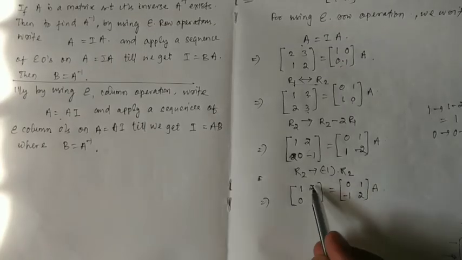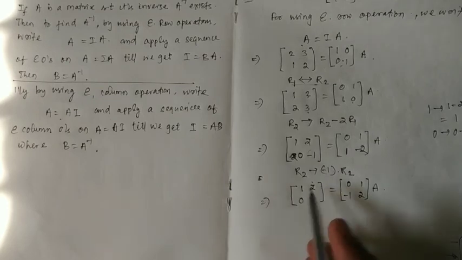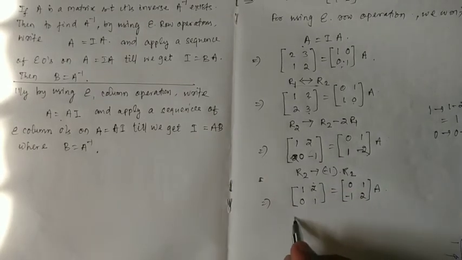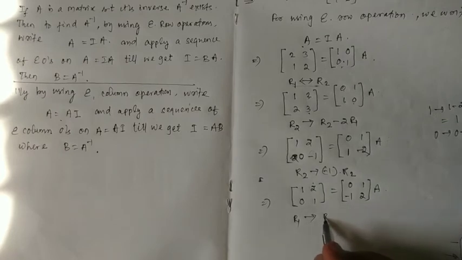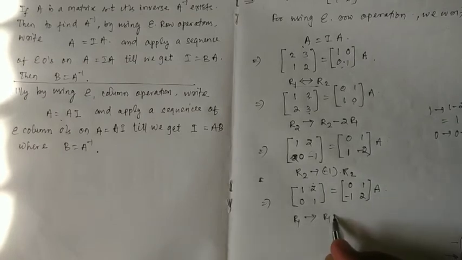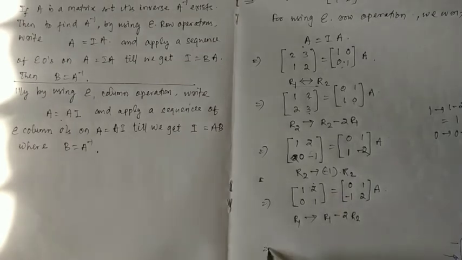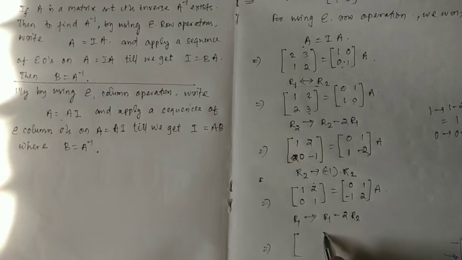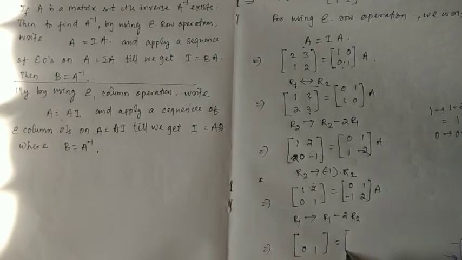Now we have to convert this 2 into 0. So applying R1 replaced by R1 minus 2 times R2, R2 remains the same, write 0 1 here and minus 1 2 here.